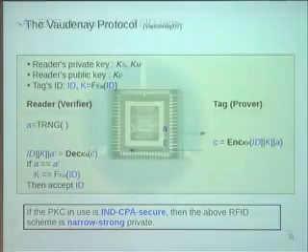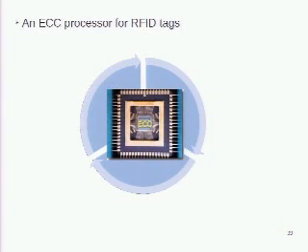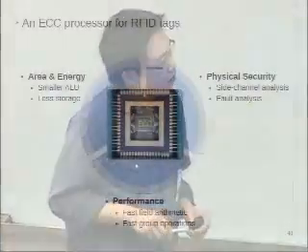This sounds nice, we can implement this. But you need to choose public key cryptography to do this job, and it should be efficient and securely implemented. So, okay, let's make an ECC chip. When you make an ECC processor for this kind of application, you always have some constraints.